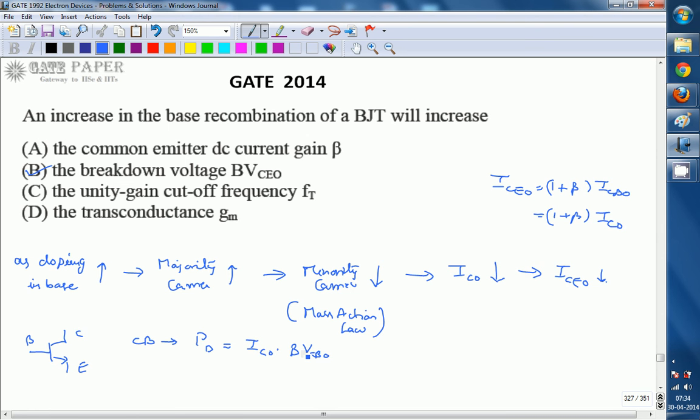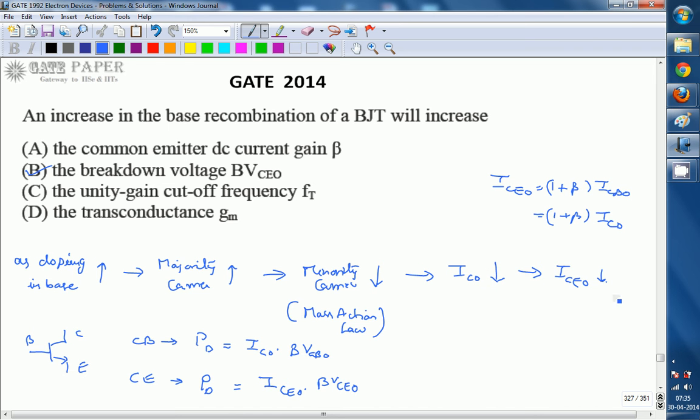The power dissipation rating of a transistor with the base terminal common is specified as PD equal to ICO into BVCBO, whereas in common emitter mode the same power dissipation can be specified as ICEO into BVCEO. So for the given power dissipation rating, if doping concentration increases, majority carriers increase, minority carriers reduce, and ICO is reduced.